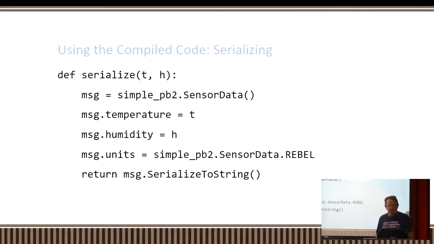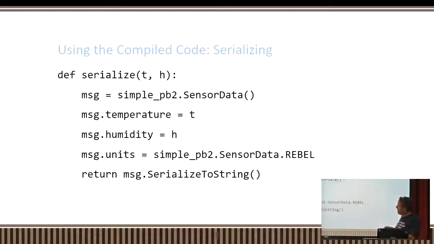So here's an example of what serializing that previous message would look like. You create an instance of one of these SensorData objects, and the module name comes from the file name that protoc generated, so in this case, pb2. Then you set your fields to whatever you want them to be.